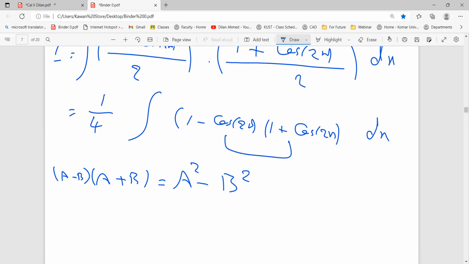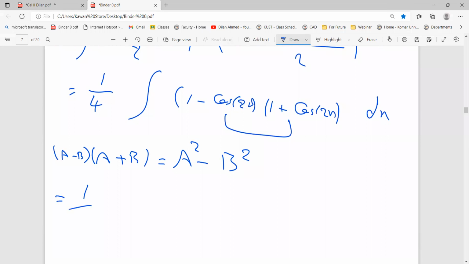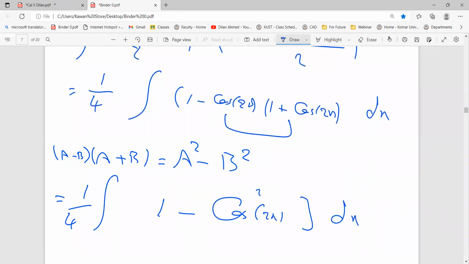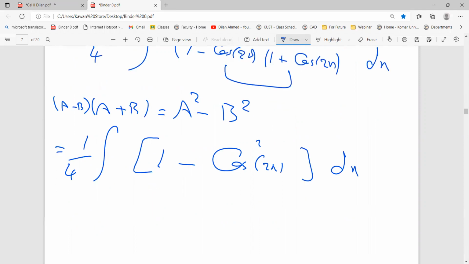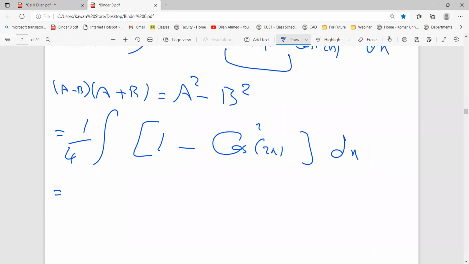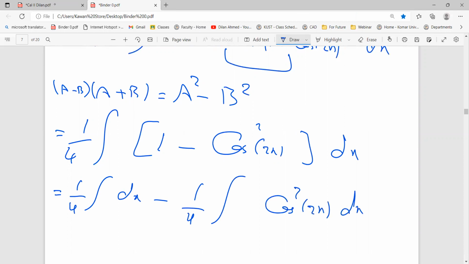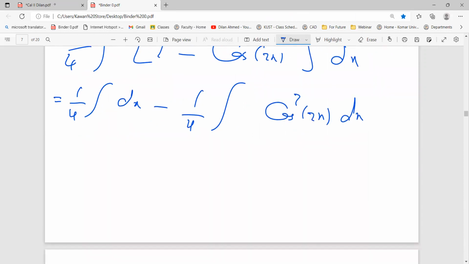I have 1 over 4 outside. I will get 1 minus cosine squared 2x dx. Am I right? So the integral can be distributed over subtraction. So I'll get dx and I will get dx. Okay. So I'll get 1 over 4x.